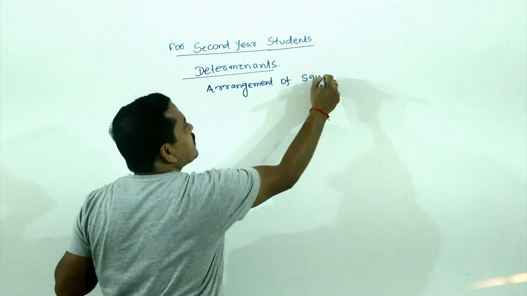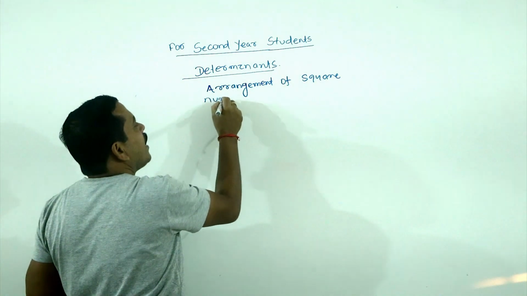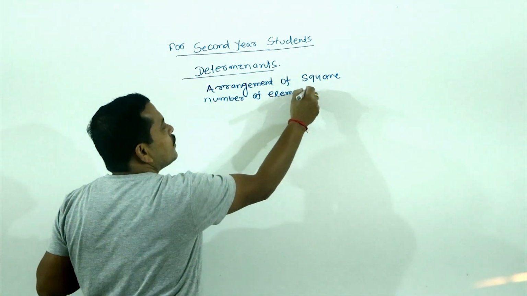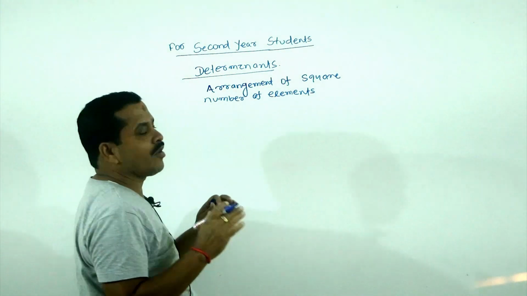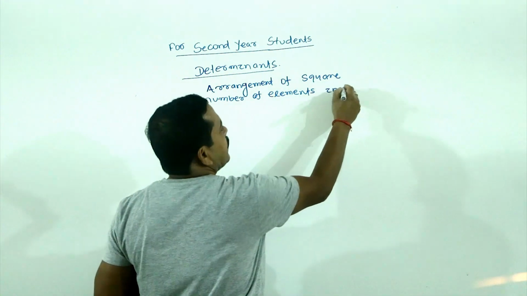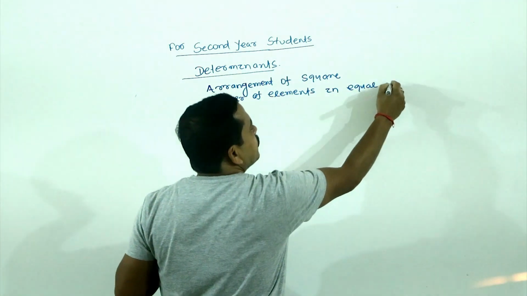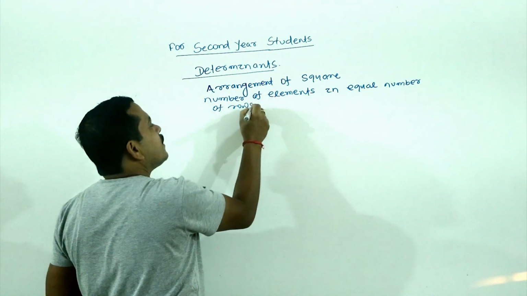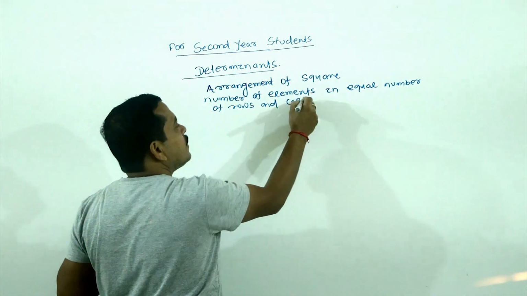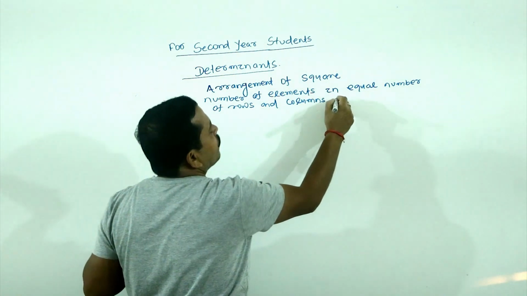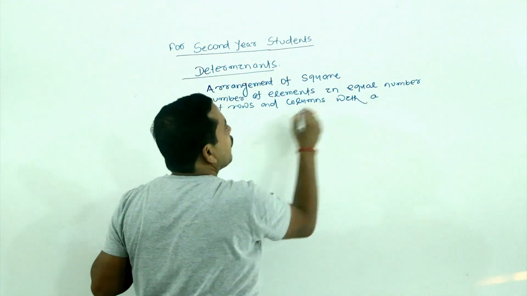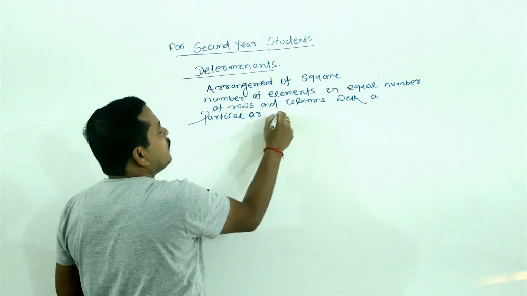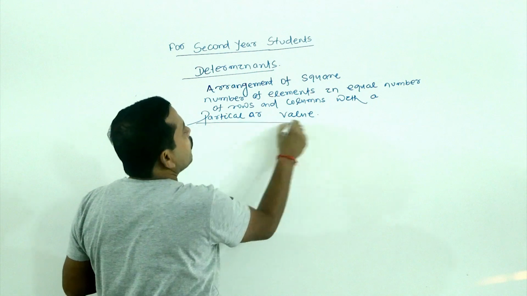Arrangement of square number of elements in equal number of rows and columns with a particular value, that is important.